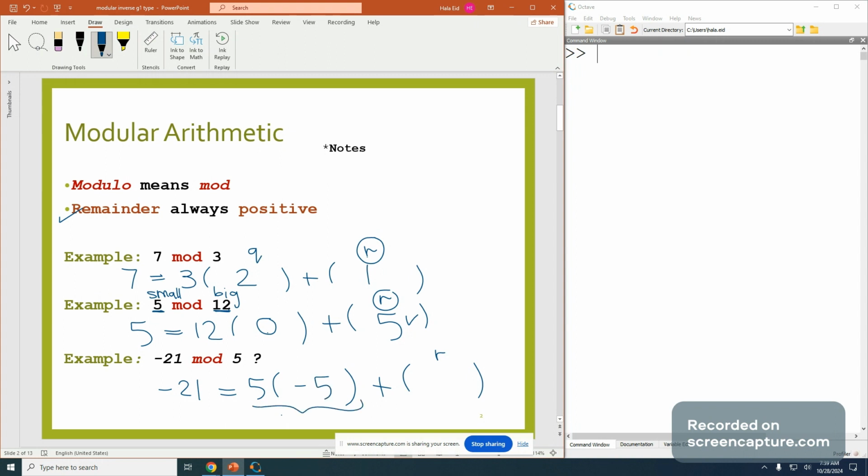So negative 5 times 5, this is negative 25. So if you bring this over to the other side, you would get negative 21 plus 25, which gives you a remainder of 4. Okay, now that is accepted because it's a positive value. All right, so whenever you've got a negative number as a remainder, just try again by going to the next number.